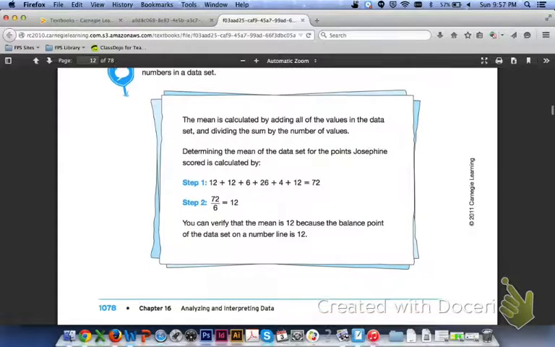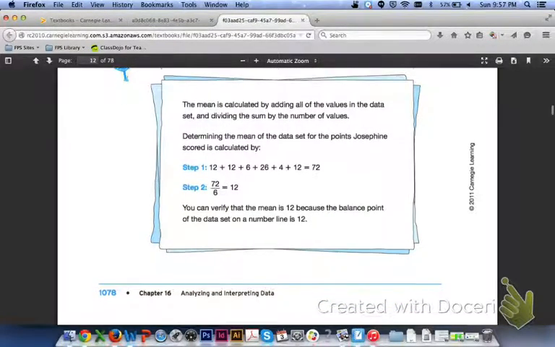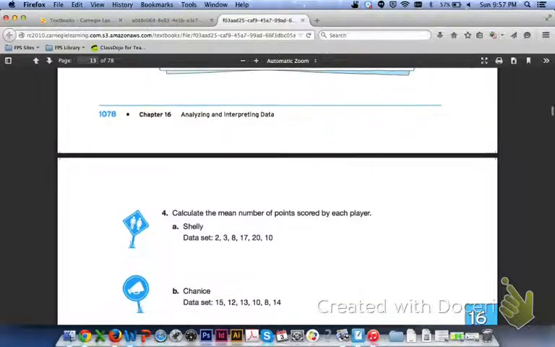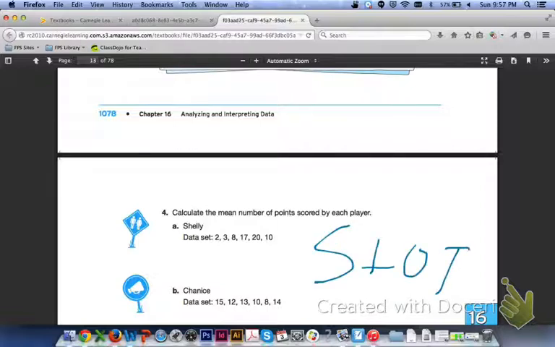And that'll take you through page 1078. And then there's just 2 problems on number 4, calculating the mean on 1079. That's where you're going to stop for today. So you're going to stop on 1079 after you complete number 4.